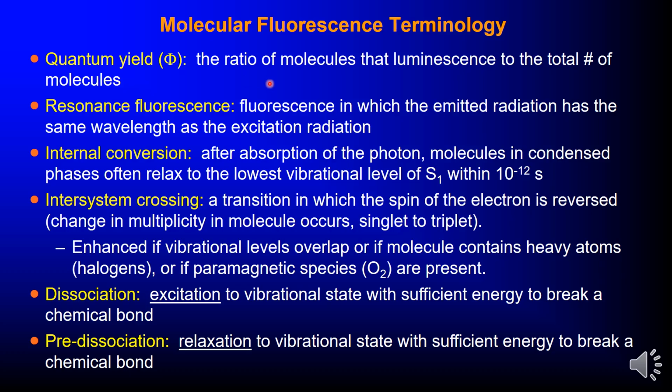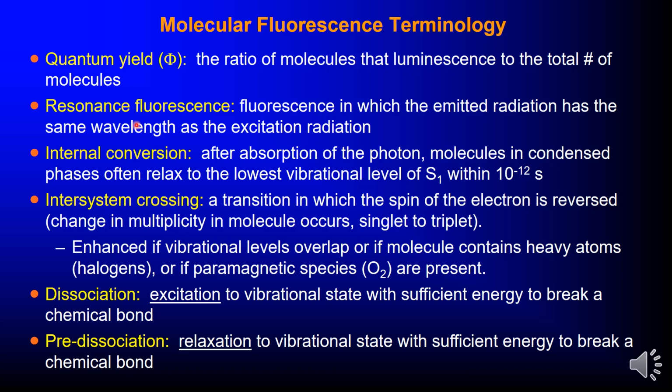It's just the ratio of molecules that luminesce to the total number of molecules. So if all of them are going through luminescence, then it means we have 100%. But of course, that is not always the case.